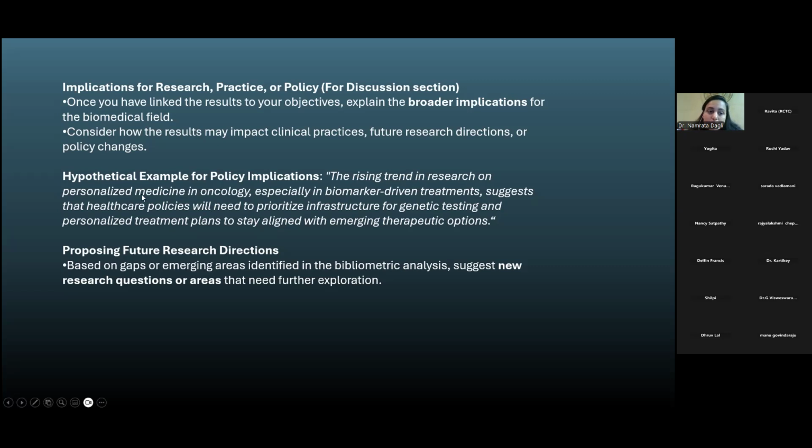If the trend is increasing, we need to prioritize infrastructure for that. So that suggests a policy change.